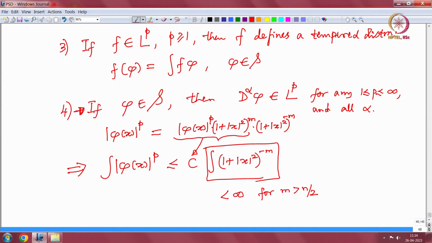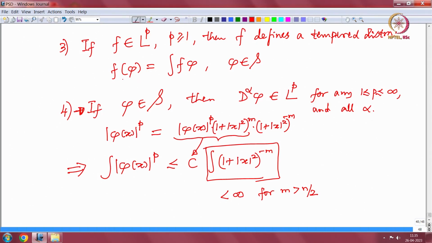So, this is an interesting situation. All the functions in S are in LP spaces. See, L infinity is already in the definition. So, they are all bounded. There is no problem. So, the integrability can be obtained in this way. And once we know that phi is in any LP, in particular we can use that in LQ, where Q is the conjugate of P, then we show that any LP function defines a tempered distribution.